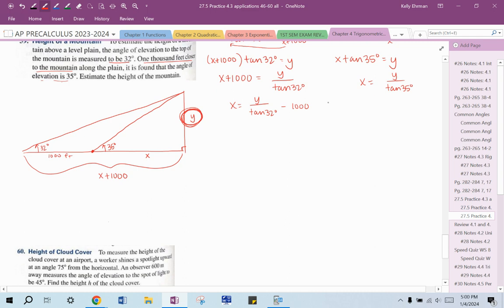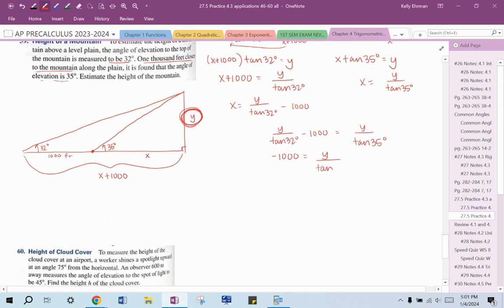So then I can set my equations equal to each other. And then I need to get my y's on the same side. It doesn't matter which side. I'm going to move them to the right side since the negative 1,000 is already on the left.